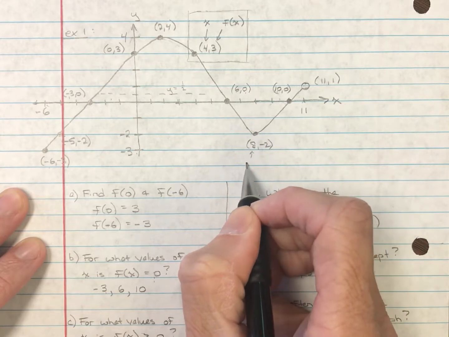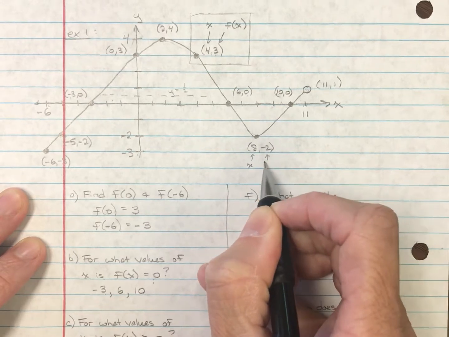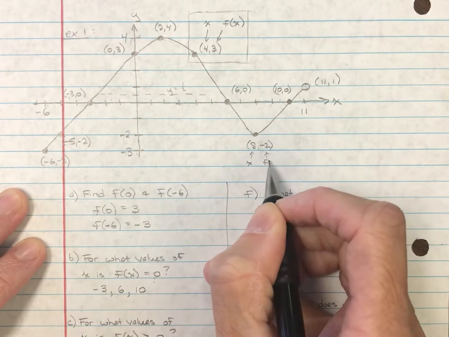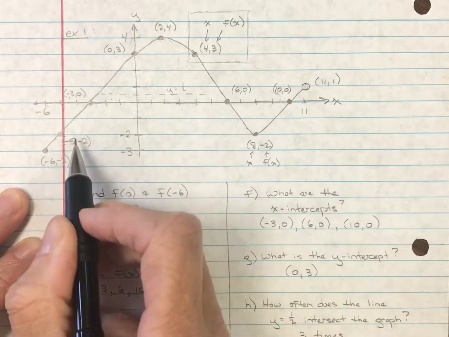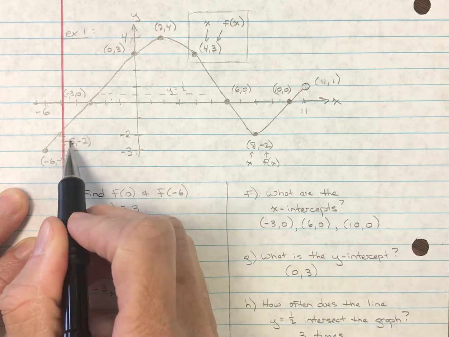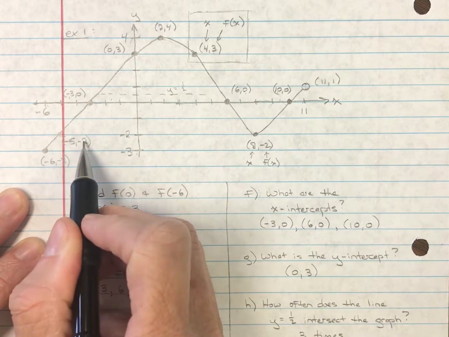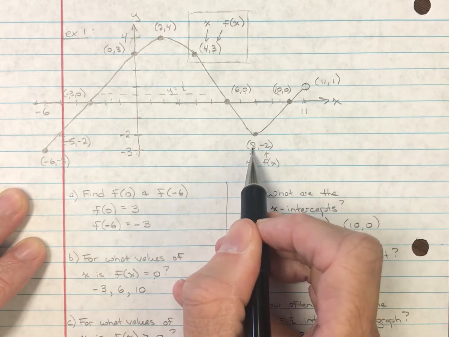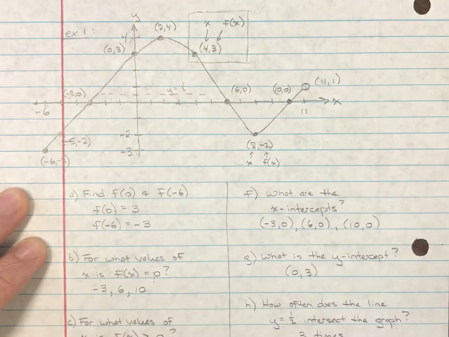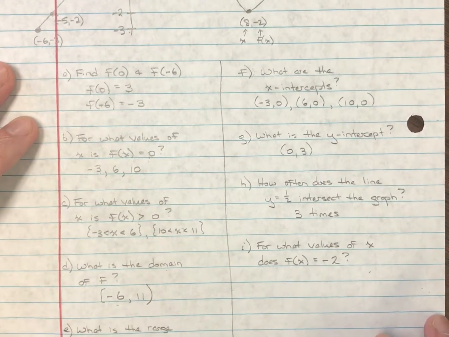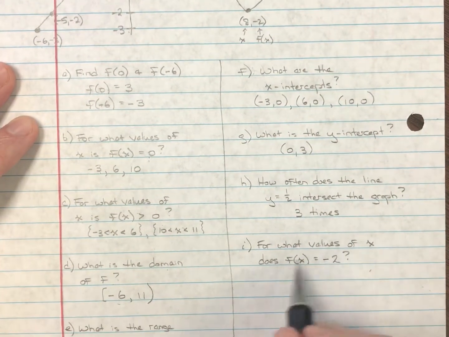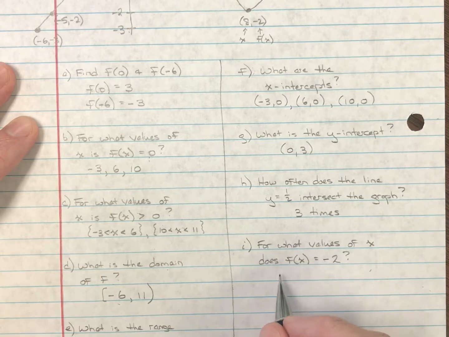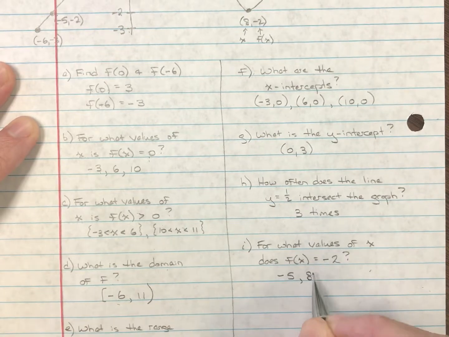Remember, this is x and this is f of x. So the x value of -5 has an f of x value of -2, and the x value of 8 has an f of x value of -2. To answer letter I: for what values of x does f of x equal -2? When x equals -5 and 8.